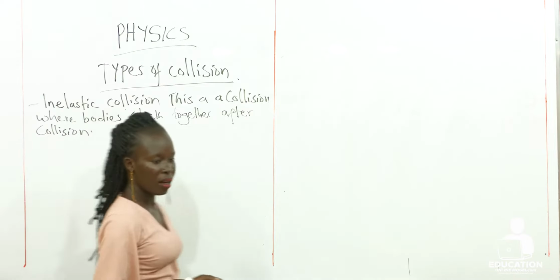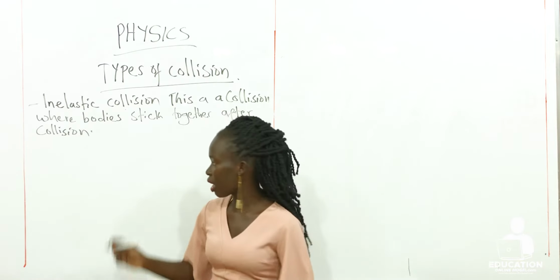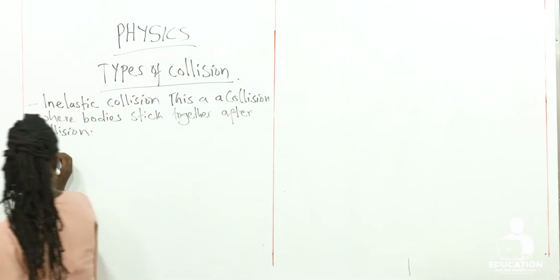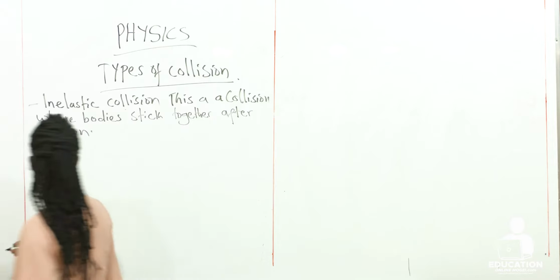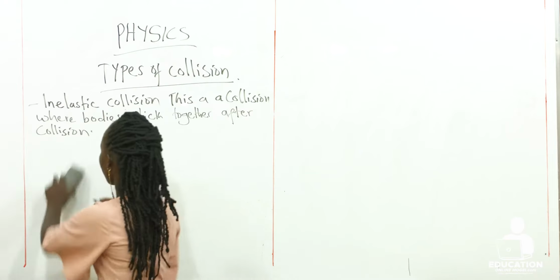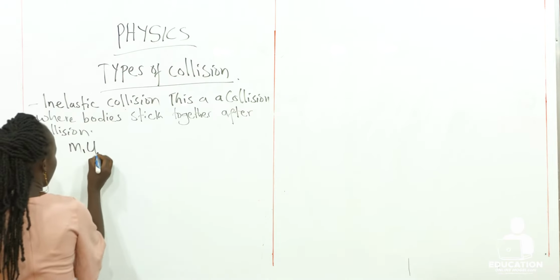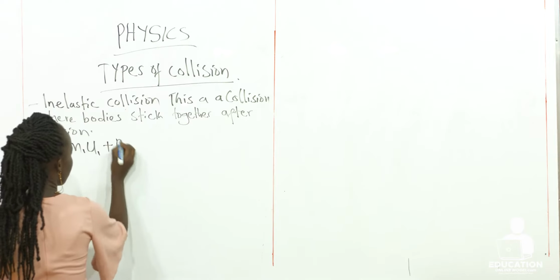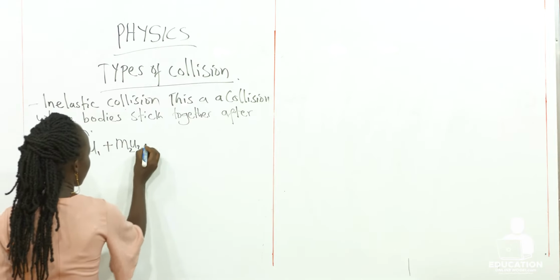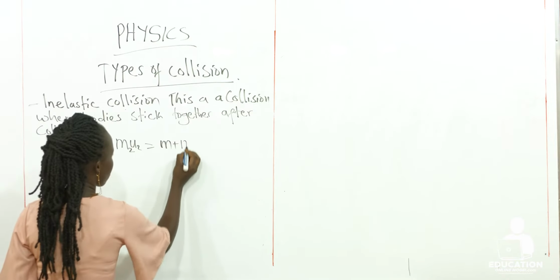So that was the inelastic collision that we covered yesterday, and we say to get the velocity with which the bodies are moving here, we shall first conserve momentum, where we shall have the momentum before collision in case there are two bodies, equaling the momentum the bodies were moving with.